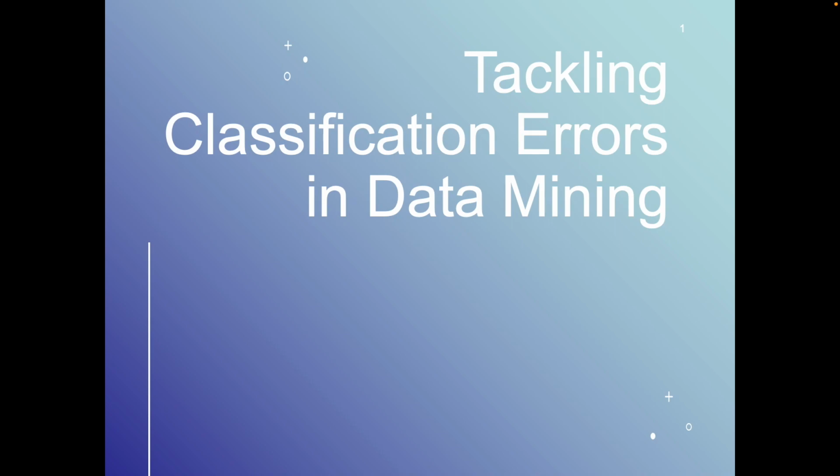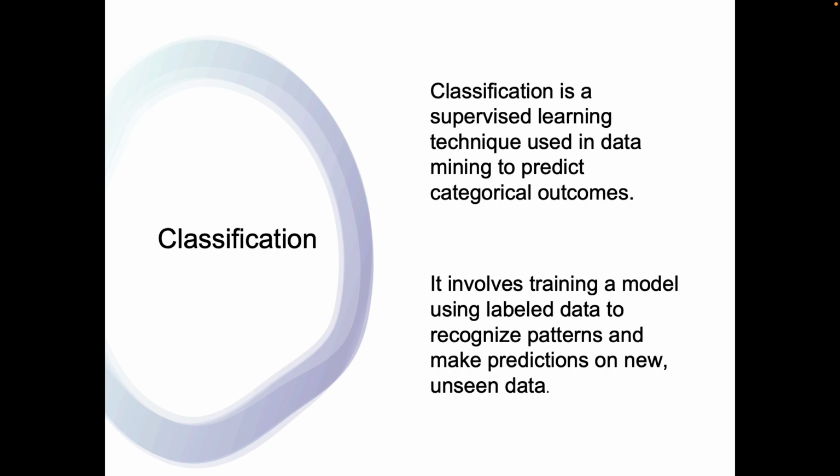Before we delve into the errors, let's briefly discuss what classification is. Classification is a supervised learning technique used in data mining to predict categorical outcomes. In supervised learning, a model is trained using labeled data, which includes input-output pairs.